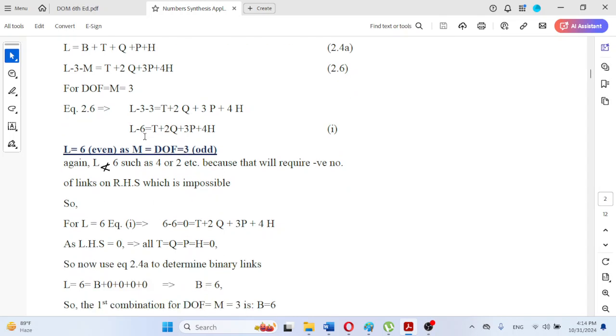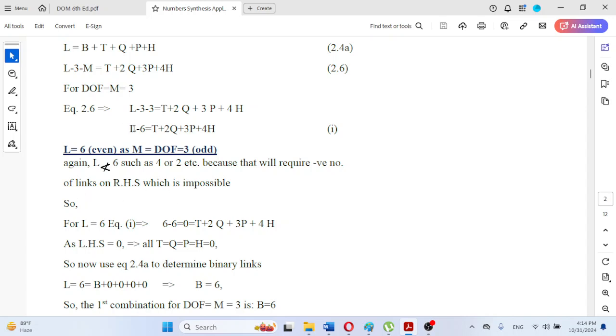As we can observe, on the left hand side there is L minus 6. L is the total number of links and it cannot be less than 6, such as 2 or 4, because that will require a negative number of links on the right hand side, which is impossible.